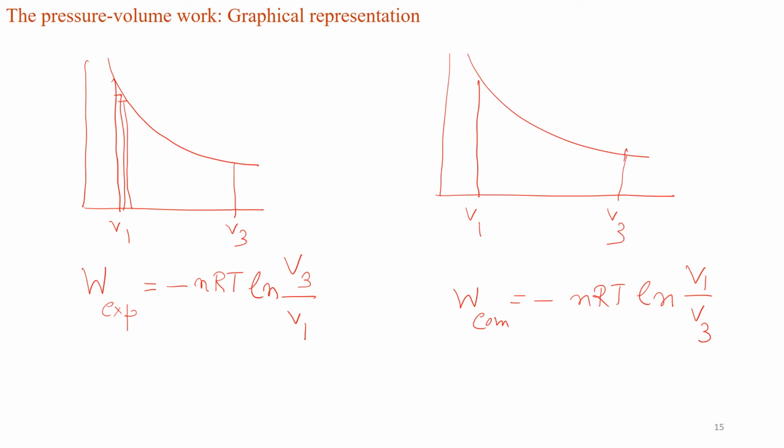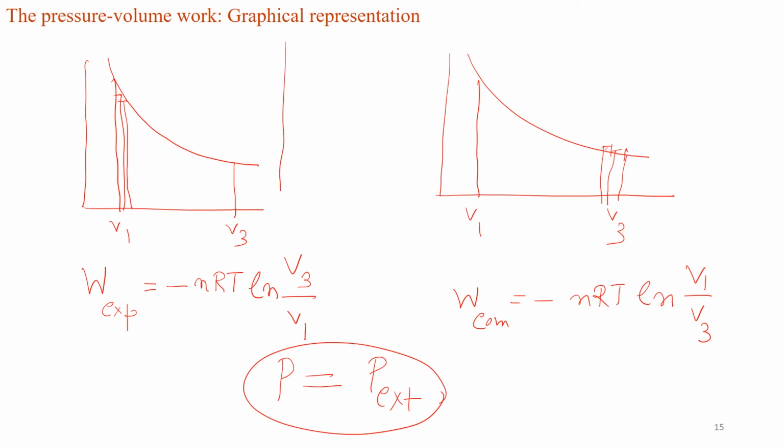for every step. However, in the limit of very large number of steps where we approximated the external pressure or the pressure of the system to be adjusting with the external pressure for every stage, then for both compression and the expansion, it will be just the area under the PV isotherm for that change in volume.